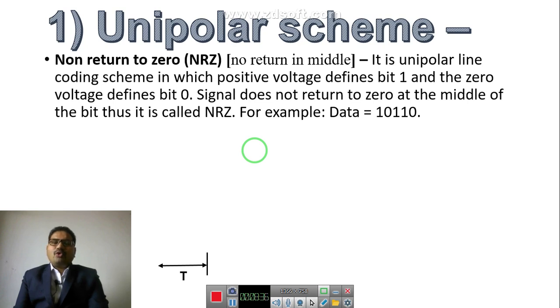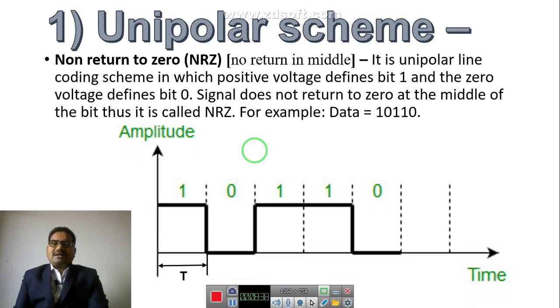So first, moving to the unipolar scheme. In the unipolar scheme, there is a type called NRZ, that is non-return to zero. Non-return to zero in the sense that there is no return in the middle. You can see a figure on the screen of a unipolar coding scheme in which the positive voltage defines bit 1, and zero voltage defines bit 0.